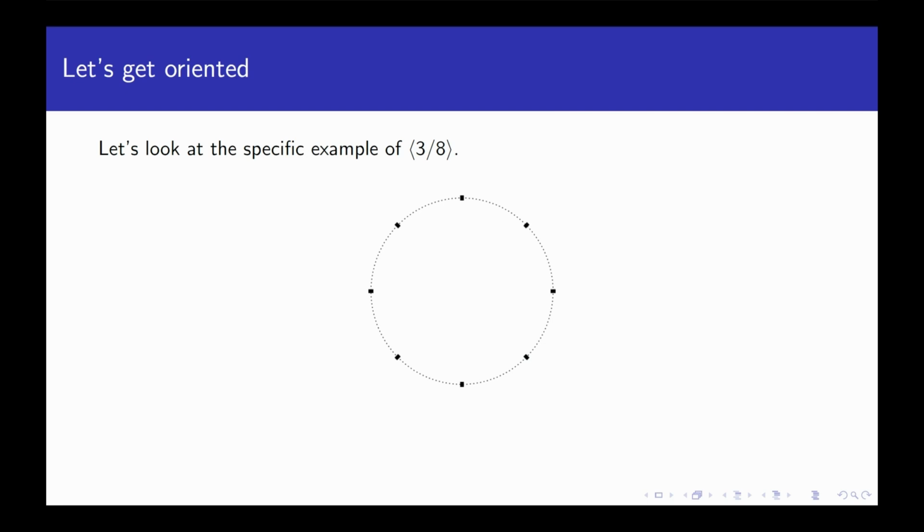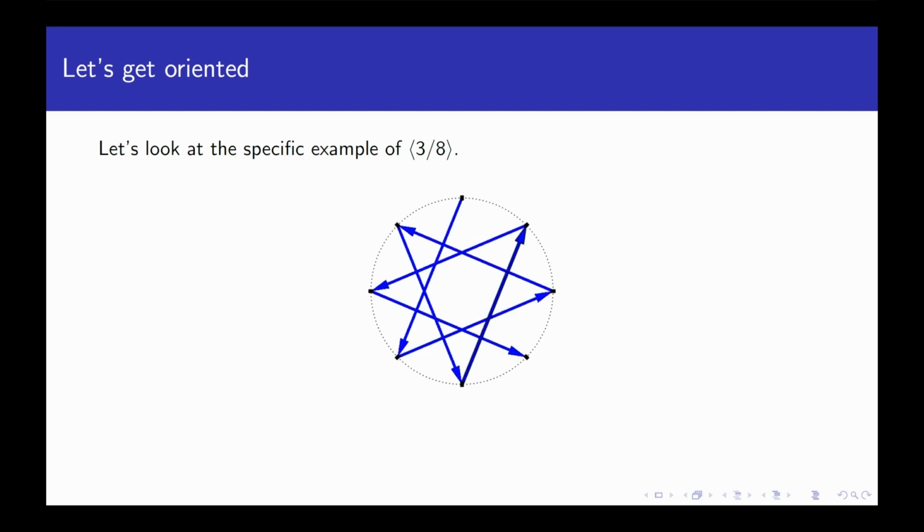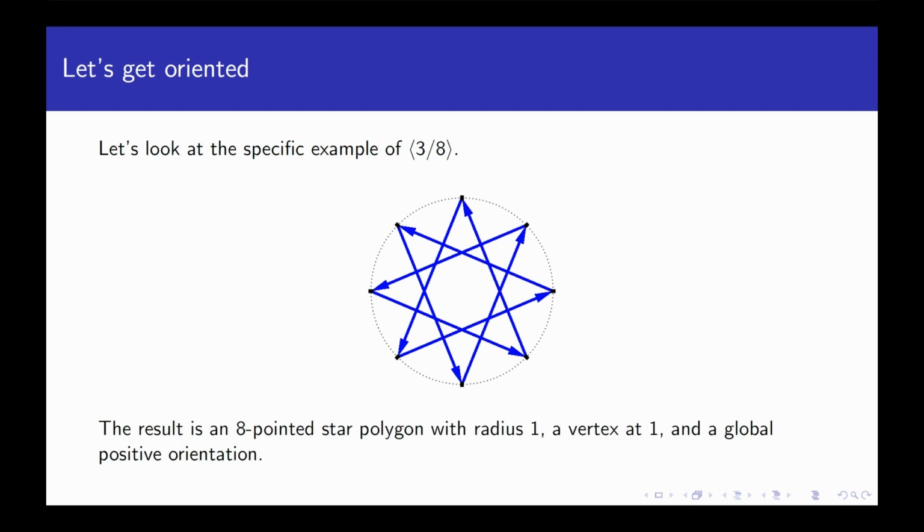So just to give you an idea of what we're actually doing here, the picture version, is if I want to do the 3/8 star, I take the line segment that goes from 1 to the 3rd eighth root of unity, that guy, and then I'm going to rotate it by 1/8 of a rotation 8 times. So in the process of doing this 8 times, the result I'm going to get is a complex contour in the plane, a closed curve.